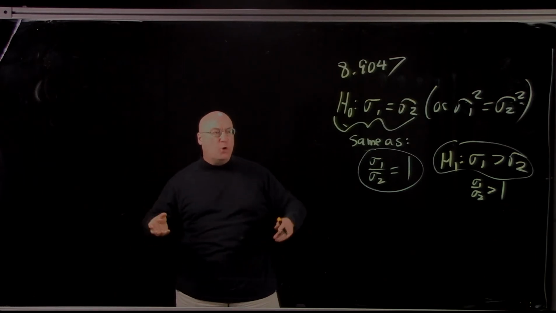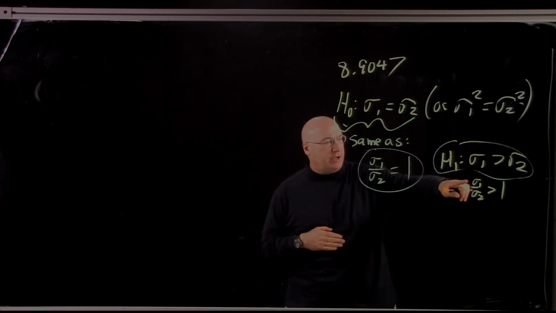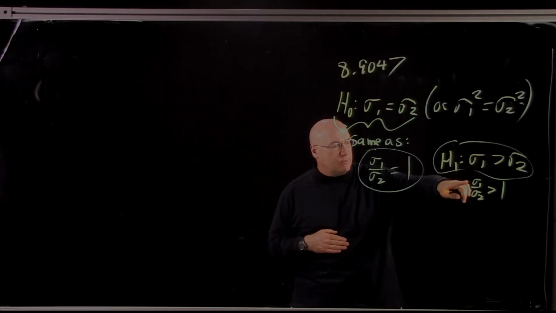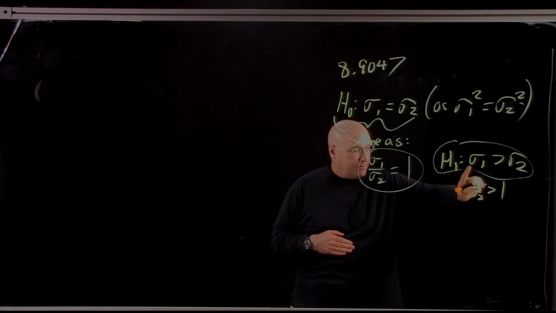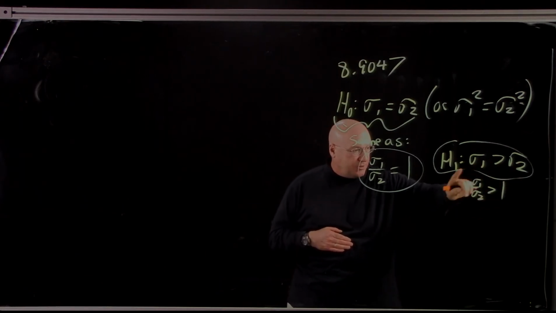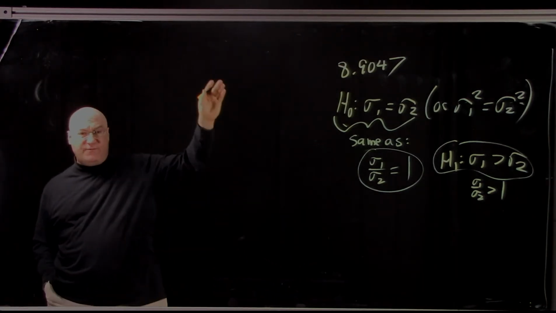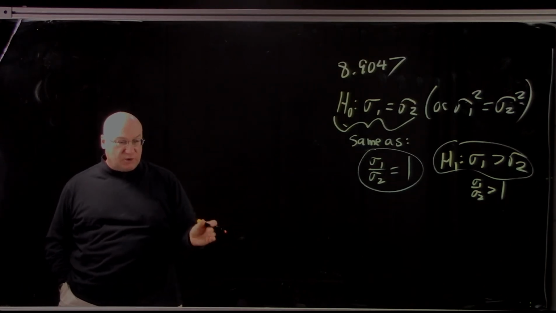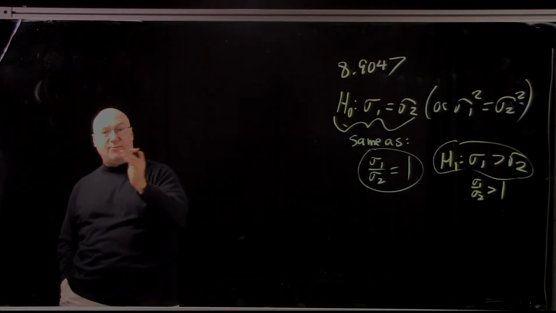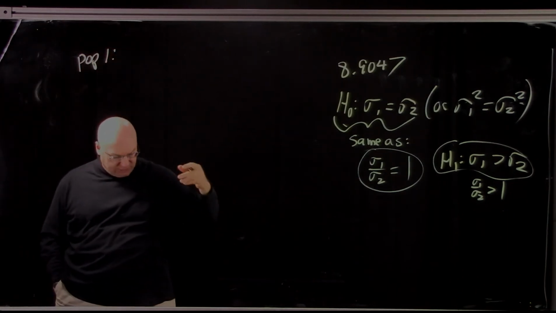Whichever one is bigger, we're going to label that as population 1. So I'm always talking about testing whether sigma 1 is bigger than sigma 2. So I'm always talking about this alternative hypothesis, which is the same thing as this alternative hypothesis. So in other words, after we have done both samples and computed the sample standard deviations, whichever one is bigger, that was the sample from population 1.